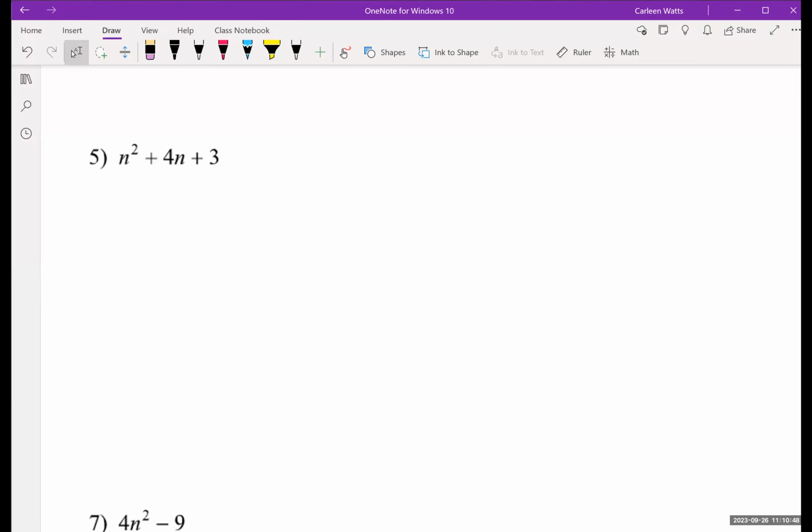Okay. Notice I have 3 terms. And do we know what A is? What is A for this problem? A is 1. What category is this? Easy diamond.